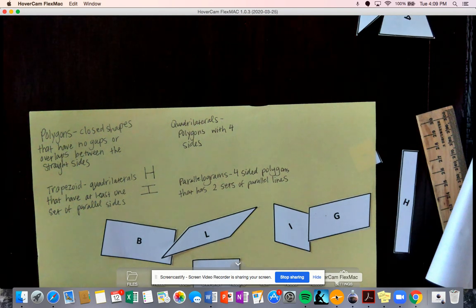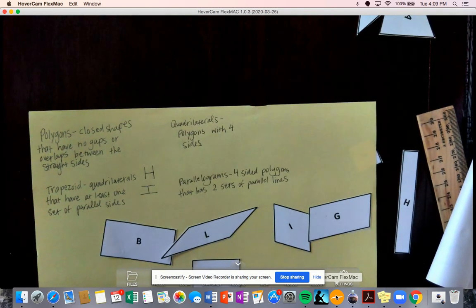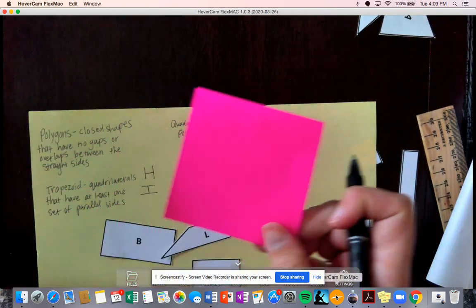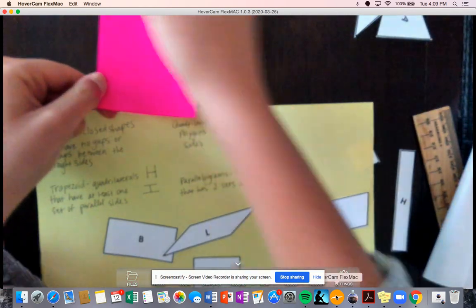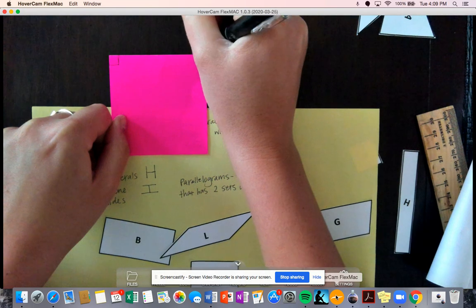Now we're going to group all of the ones that have 4 right angles. So I'm going to use my Post-it, which I know has 4 right angles. A right angle means that it makes a square in the corner.